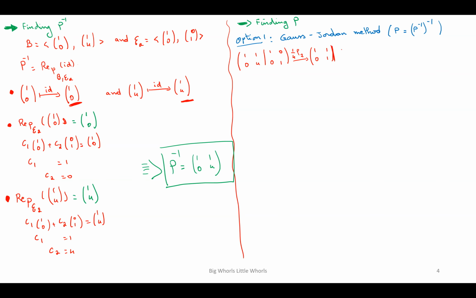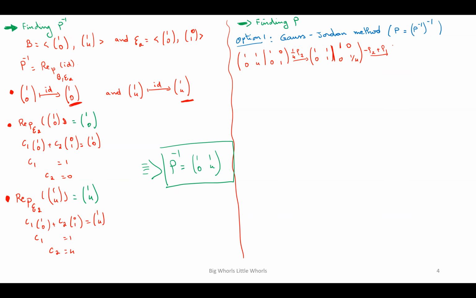Here we have 1, 0 for the right hand side, and 0 and 1 quarter. And then to turn this number here to 0, we need to do minus row 2 plus row 1.